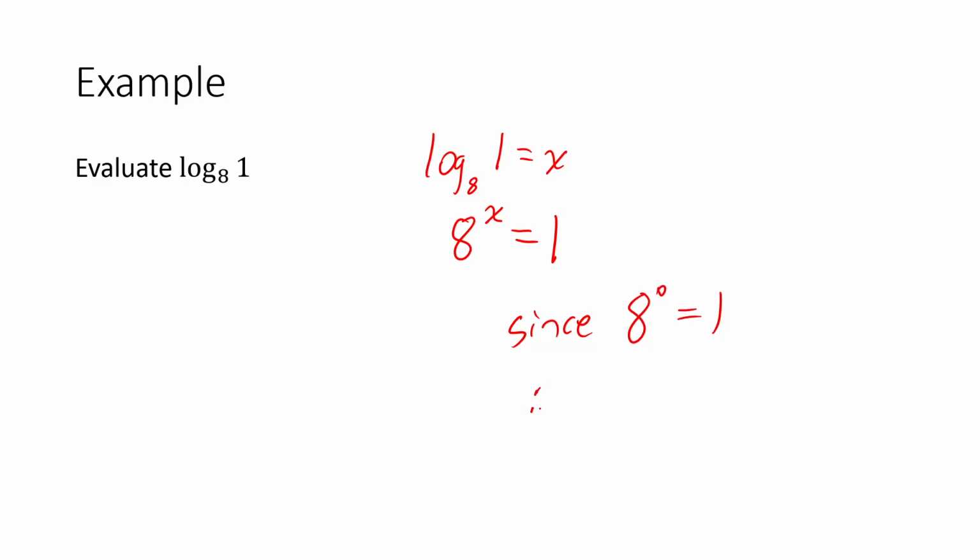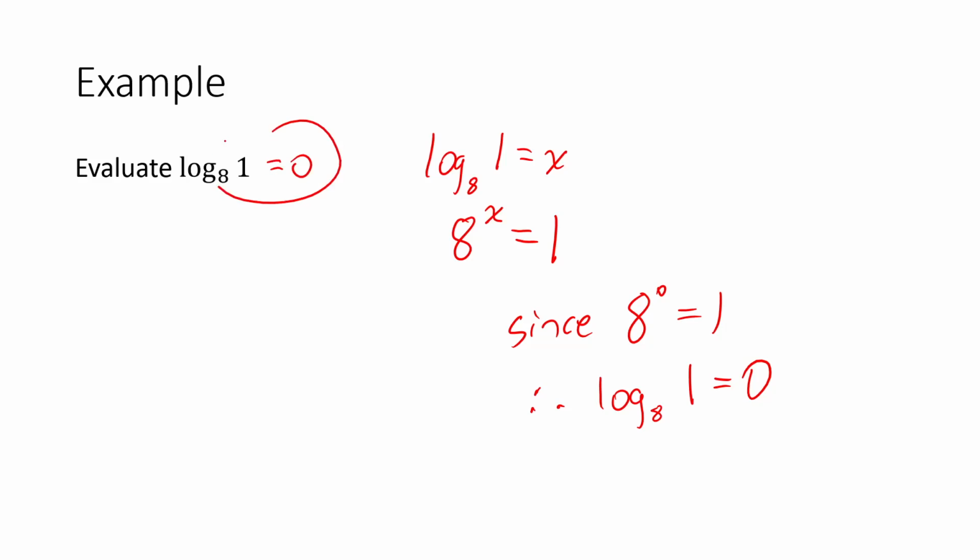What if we want to evaluate the log base 8 of 1? Well, the log base 8 of 1 equaling x would mean that 8 to the exponent x is equal to 1. Well, actually, we know the answer to that. The answer is 0. Since 8 to the 0 is equal to 1, therefore the log base 8 of 1 must be 0.